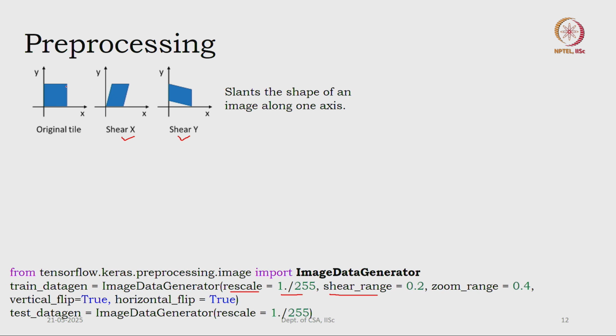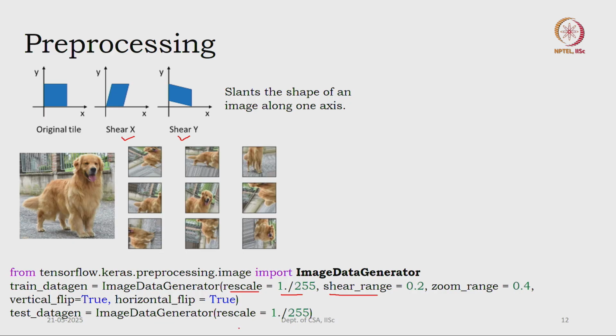You are slanting the shape of an image along an axis. You can either slant the shape of an image along the x axis, or along the y axis. This is what shear is. You can control to what percentage you want to slant the image.